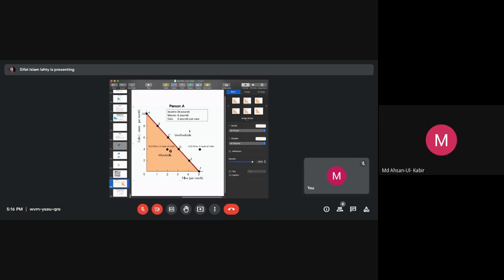For example, come and see, this entire brown part, what was the brown part in PPF? Your resources of the country. And here the brown part is your total budget. This is your entire budget, or this is your entire money that you can spend, right?